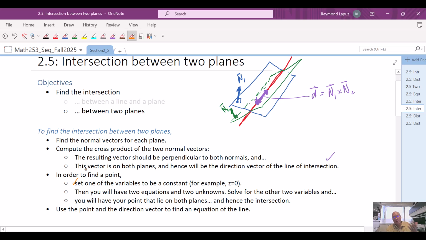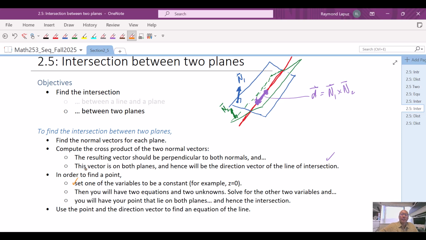The most natural thing would be setting z equal to 0, but you can definitely set x or y equal to 0, or in fact you can set z equal to 5 if you think it might make your work a little bit easier. Sometimes people get good at knowing which variable to set to which constant, which makes their job easier after that.